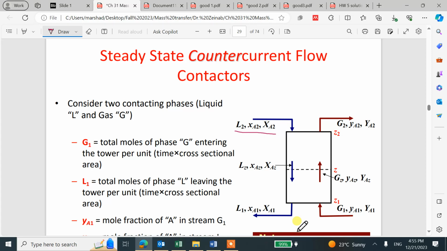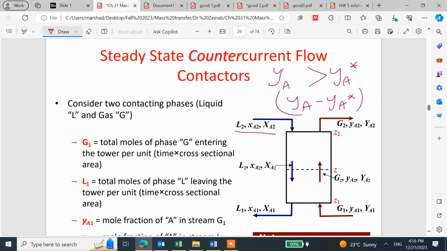If you can remember, we had something like this. ya is more than ya star, the equilibrium. So the mole fraction of gas is more than the equilibrium with the liquid, right? It means that the driving force for the mass transfer will be ya minus ya star.